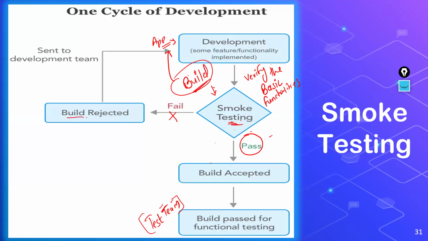The build will be rejected and sent back to the development team with the errors, because this is also a type of testing. It will identify those errors in the basic functionalities, and they'll tell the development team to first fix those errors. Otherwise, they will not share it with the testing team. That is smoke testing.